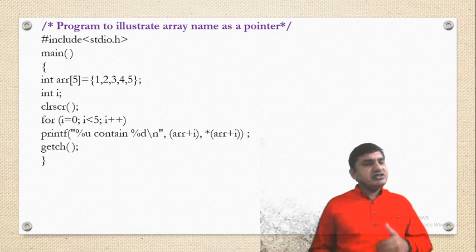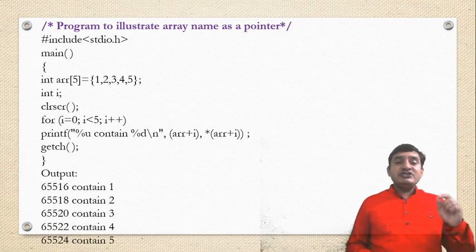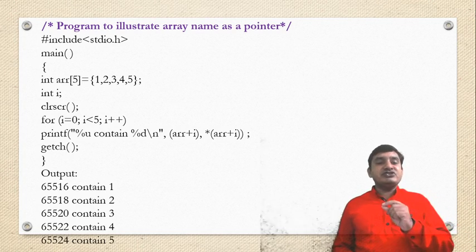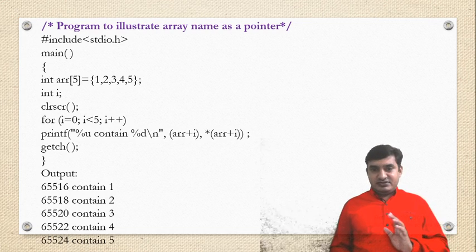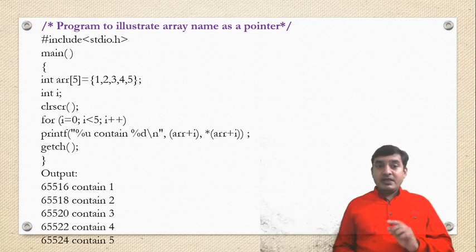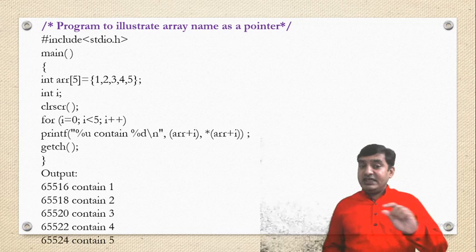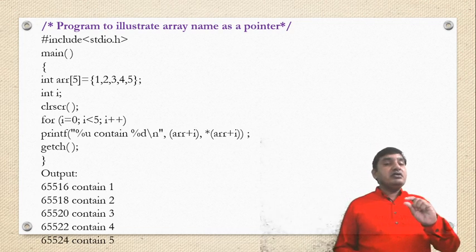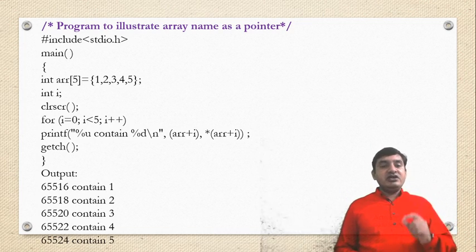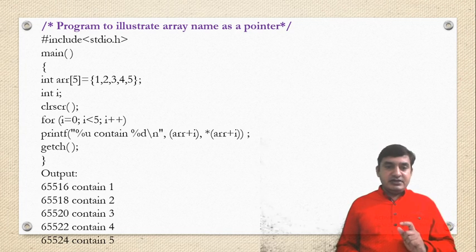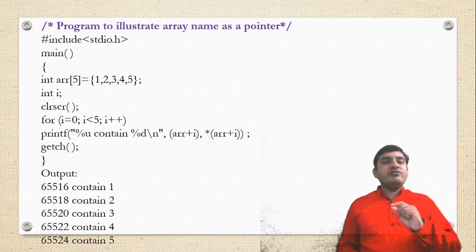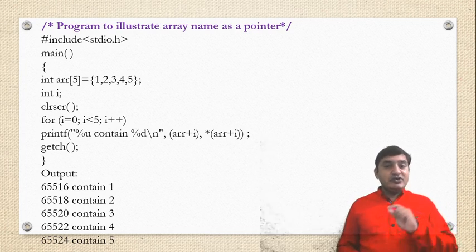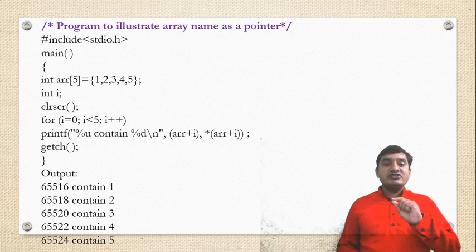Then getch, and the result is output: 65516 contain 1. This is displayed by using the printf function. %u contain means 65516 contain, and %d means 1.